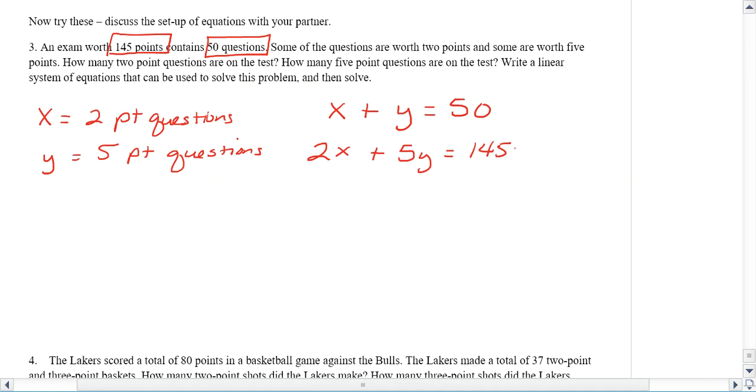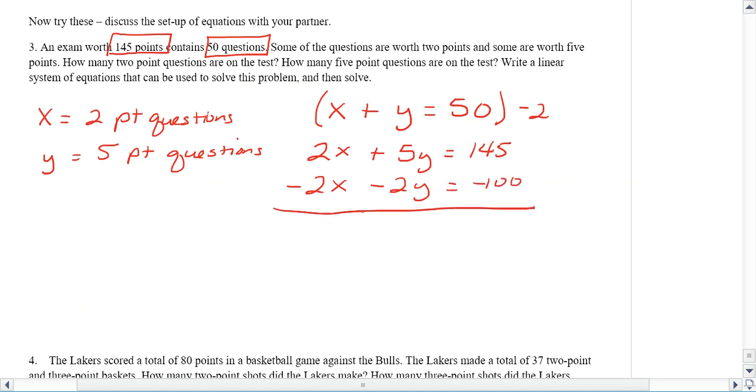And so now once again, I prefer elimination, so I'm going to take this top one and multiply it by -2. I am setting myself up for the x's to cancel out. Draw a line and add. The x's are gone, so I get 3y is equal to 45. Dividing both sides by 3, and I get y to be 15.